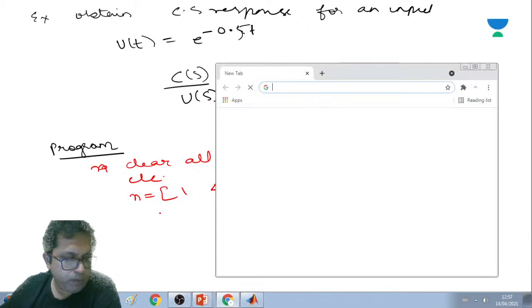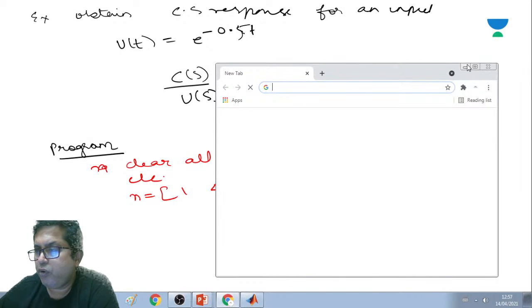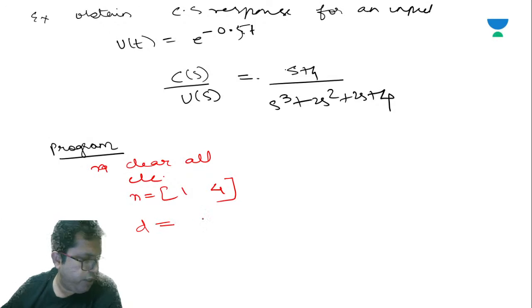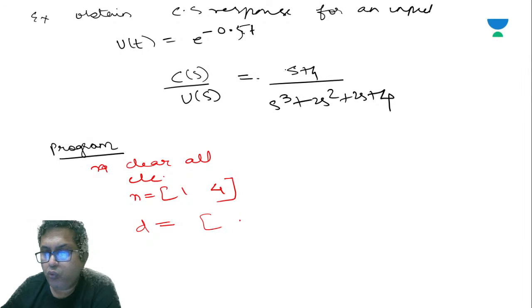Then I will write down the denominator is equal to 1 space 2 space 2 space 4.